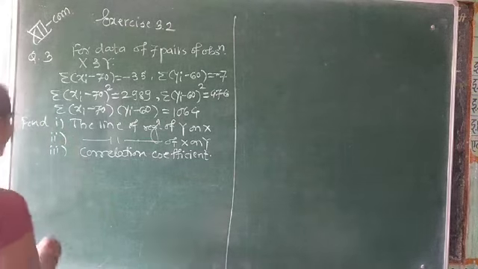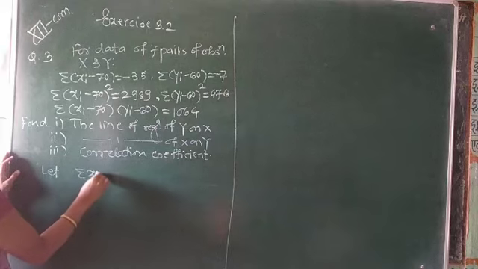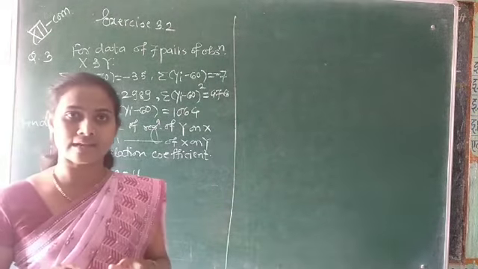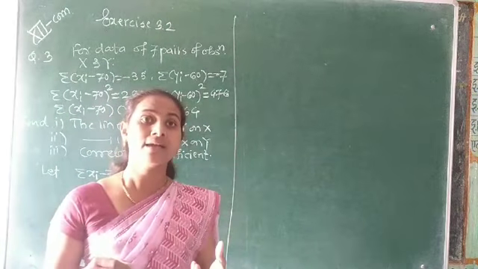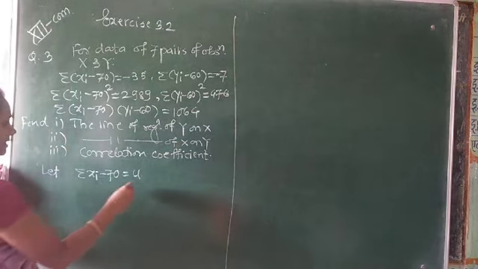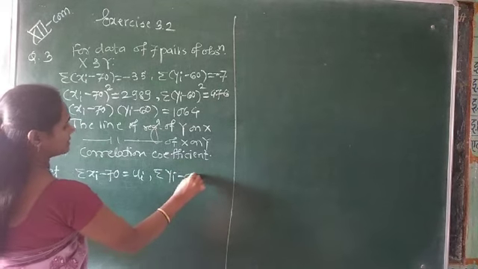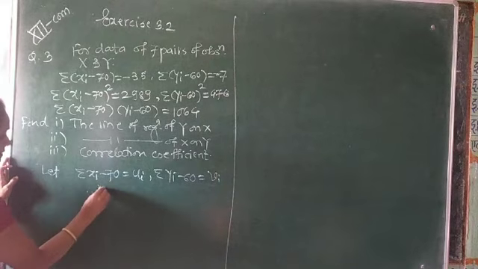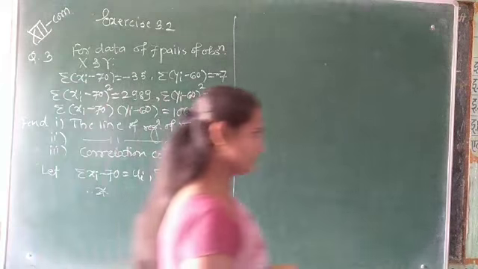So let us consider, let xi minus 70 be equal to u. Now we reduce this data into u and v. The given data is in the variables x and y, and now we reduce this example into u and v.